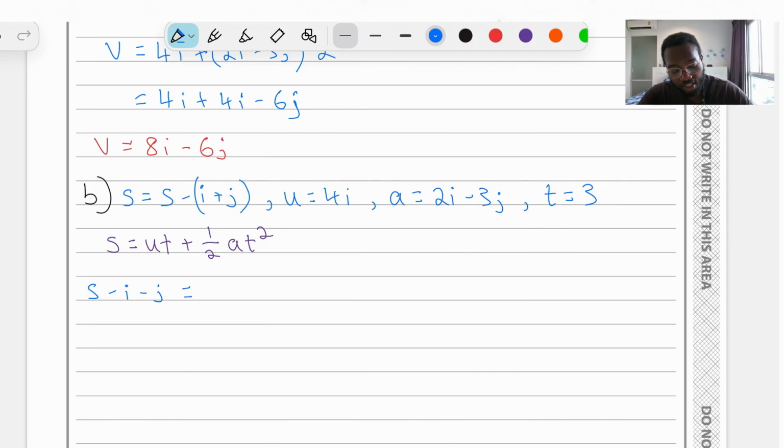equal to 4i times 3, that is 12i. Then we have a half, and then we have 2i minus 3j, times 3 squared, that would be 9. If we work all this out, we get S minus i minus j equal to 12i.